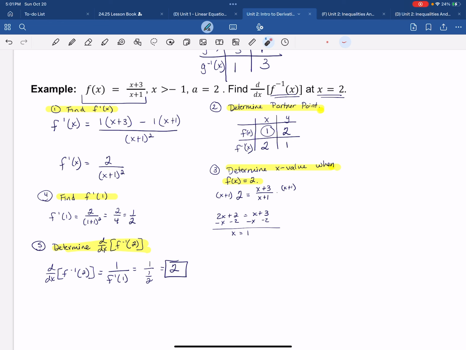It could be a conic. It could be a function like x to the fifth, something that's very involved, that won't always be easy to invert. So we also need this way of finding the derivative of the inverse function for those cases where you can't easily invert the original function.